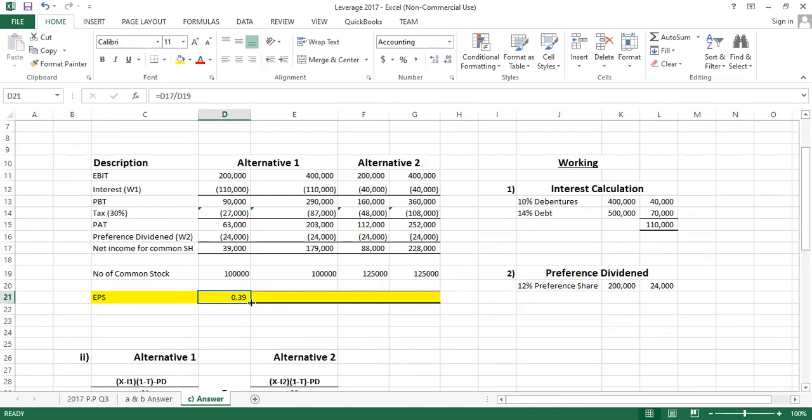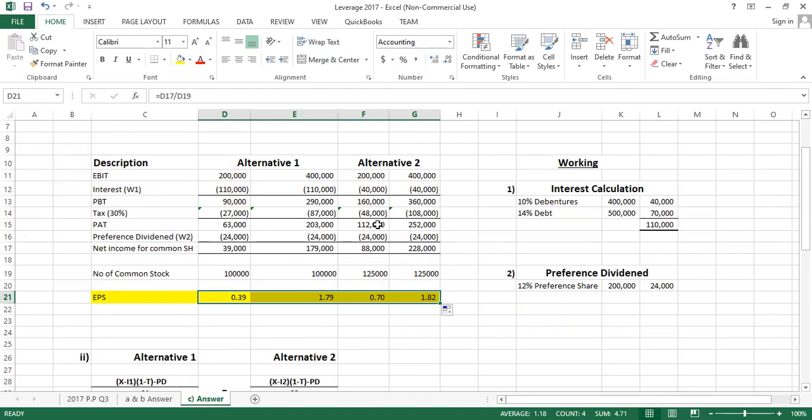Alternative 1 EPS is 0.39 and 1.79. Likewise, alternative 2 EPS is 0.7 and 1.82. So the EPS, the first question, we have calculated.